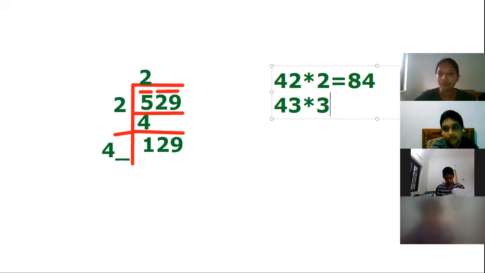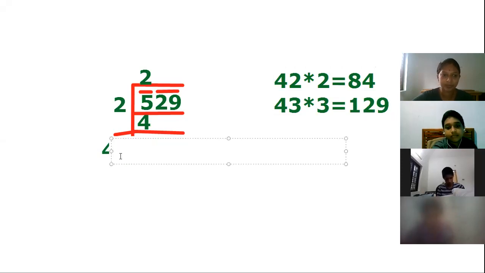What is the product of 43 and 3? It is 129 itself. That's why the number we replace the blank with is 3.